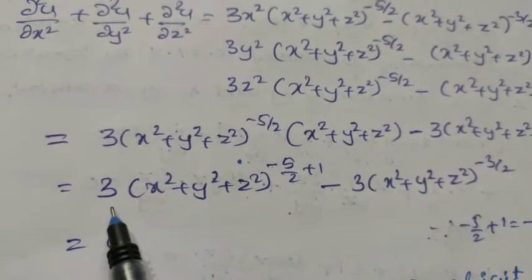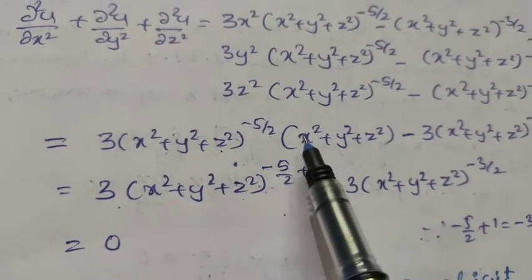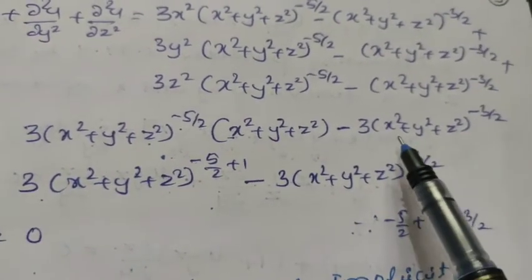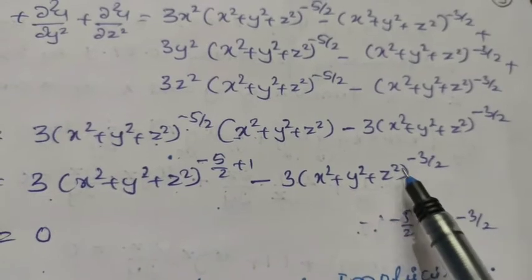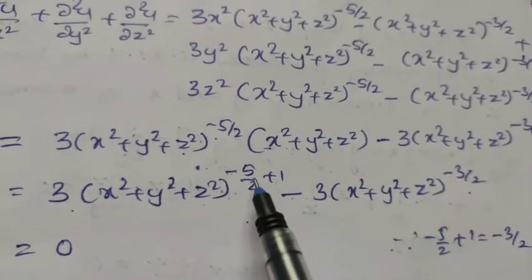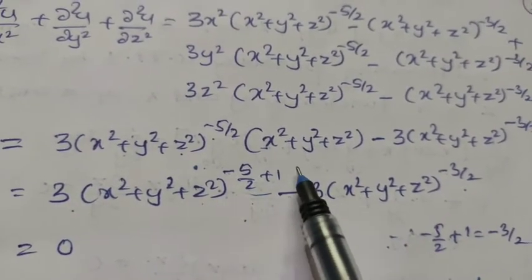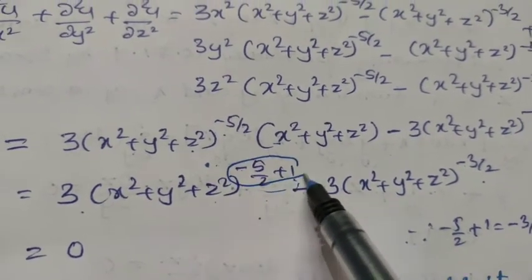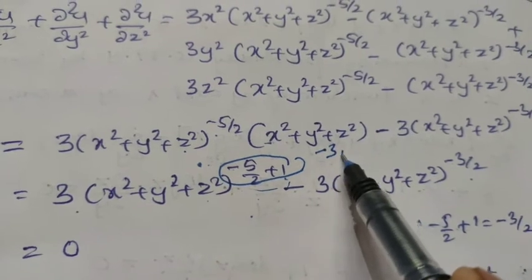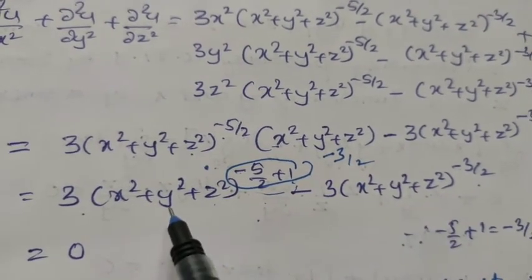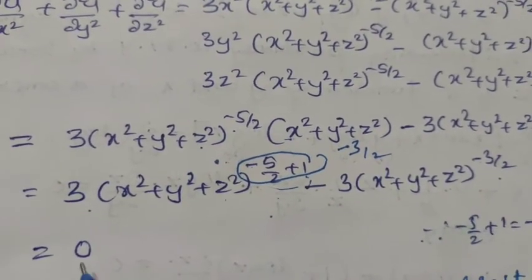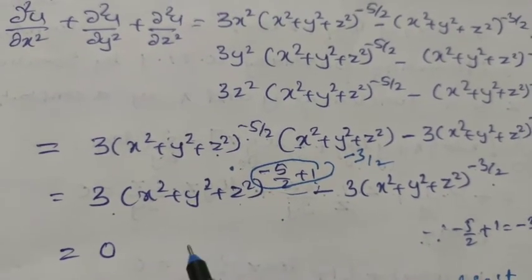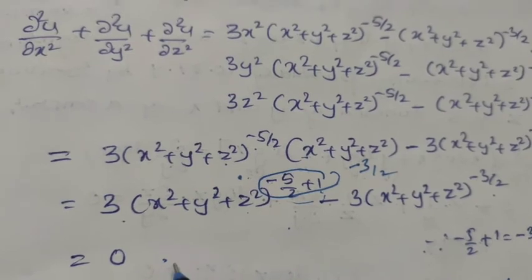So it is equal to 3 into, again bases are equal, we can add their powers, minus 5/2 plus 1, minus 3 times (x² + y² + z²) to the power of minus 3/2. So this minus 5/2 plus 1 is again minus 3/2. So these two terms are the same and get cancelled. It is equal to 0. So this is the proof of the second example.